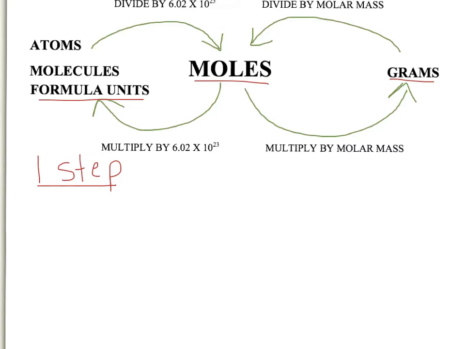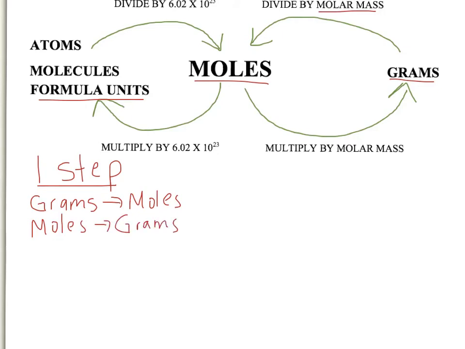That's a one-step problem. So for example, some problems you started out with grams and you just had to convert it to moles, and when you did that you would have to use the molar mass. You'd have to divide by the molar mass. And on the flip side of that, some problems you started out with moles and gone to grams, again using the molar mass, but in that situation you would just need to multiply by the molar mass.